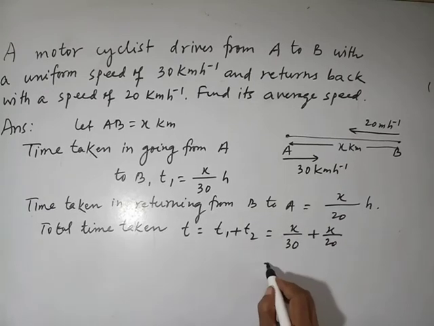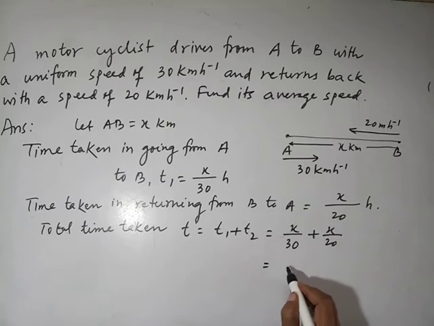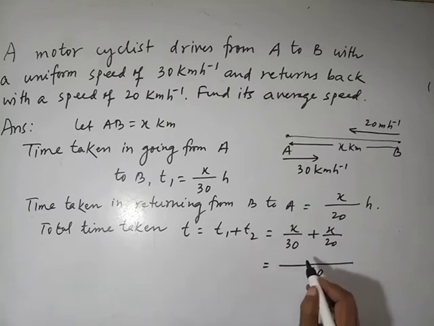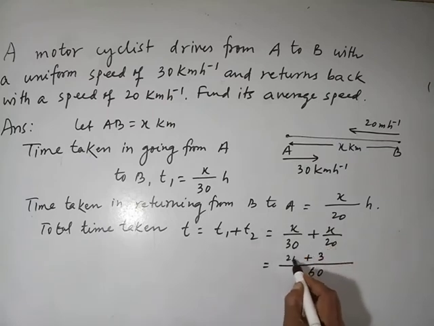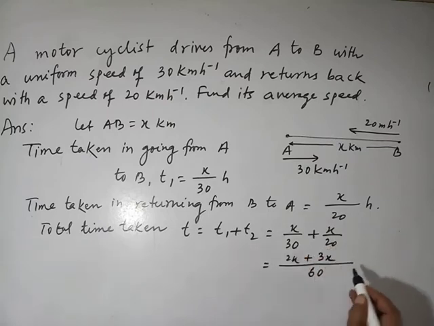The LCM will be 60, so this becomes 2x plus 3x, which is equal to 5x by 60. So this is the time taken.